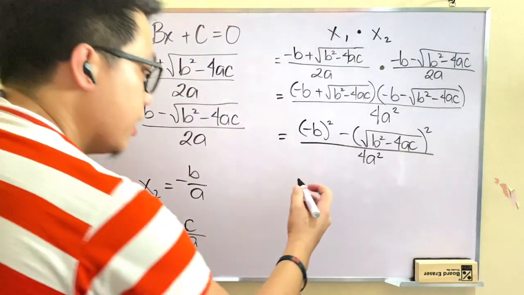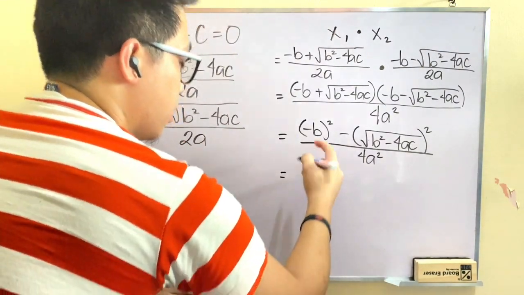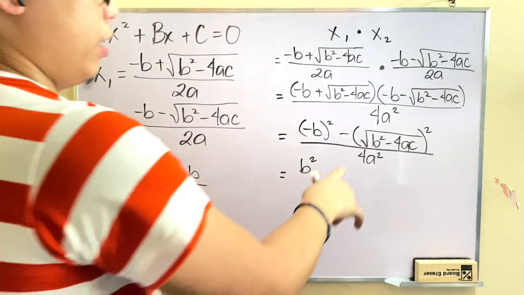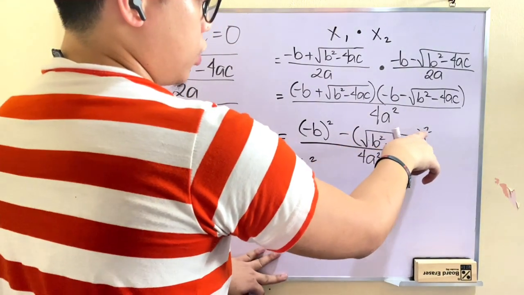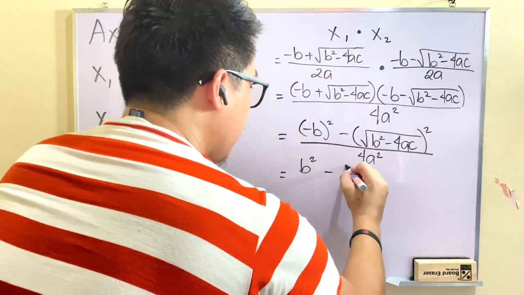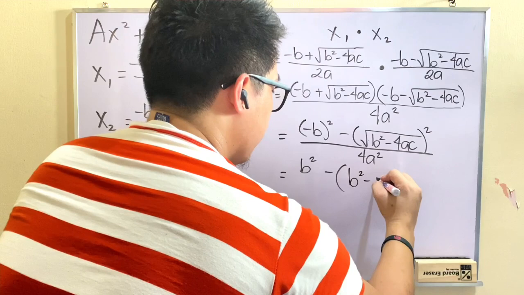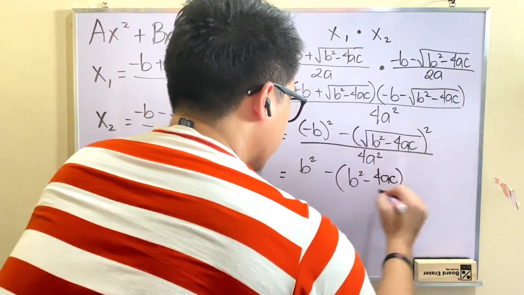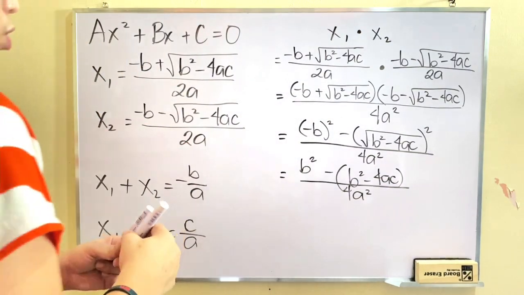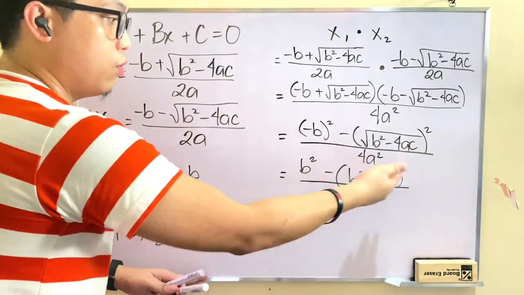Okay, so simplify natin. Negative b squared is b squared. Negative square of a square root. So tatanggalin lang natin yung square root. Magiging b squared minus 4ac divided by 4a squared. So, kailangan tanggalin natin yung parenthesis.